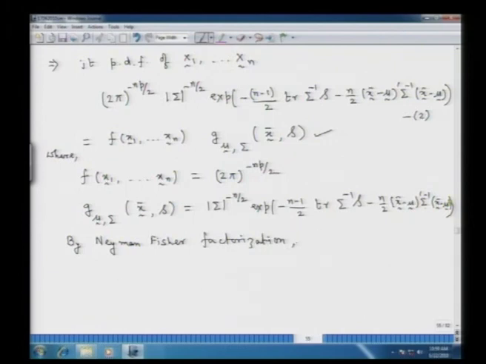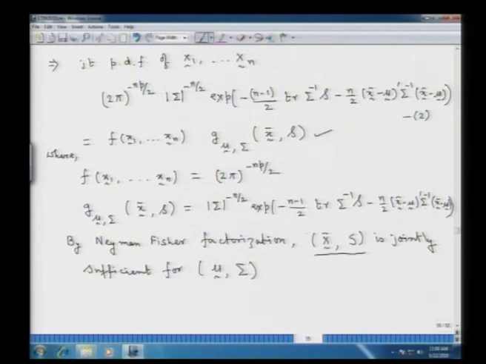we have x bar, the sample mean random vector, and S jointly sufficient for the unknown mu and sigma. So, this is the set of jointly sufficient statistics for the unknown parameters, the mean vector mu and the covariance matrix sigma.